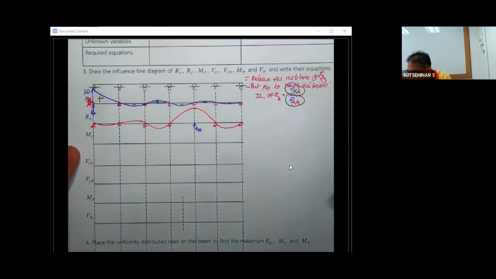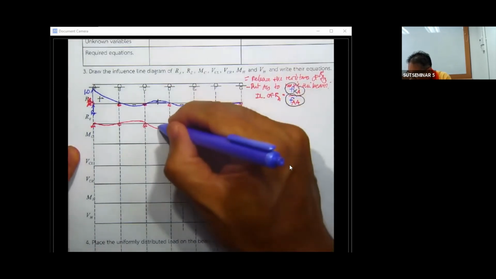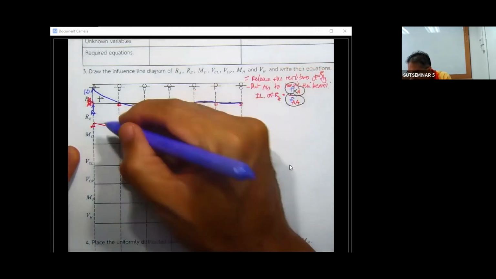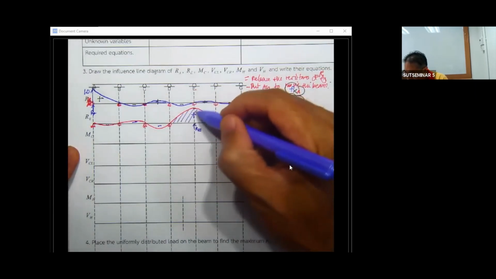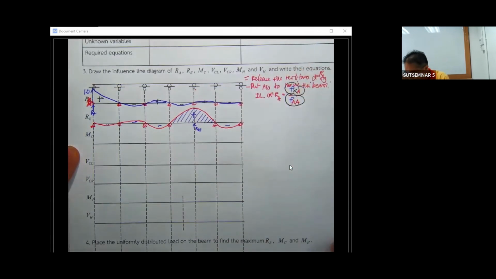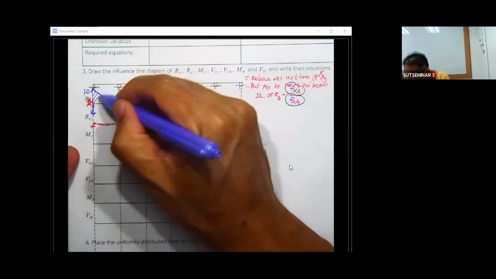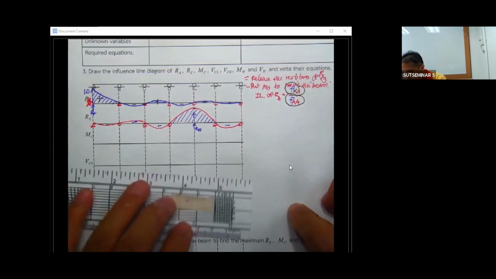Again, this has positive, negative, negative, positive, and negative. The area in this one will govern the other areas, the same thing as this one. This one is going to be large compared to the other.